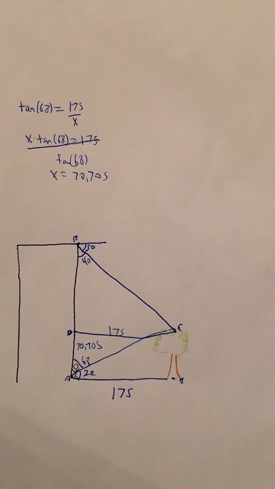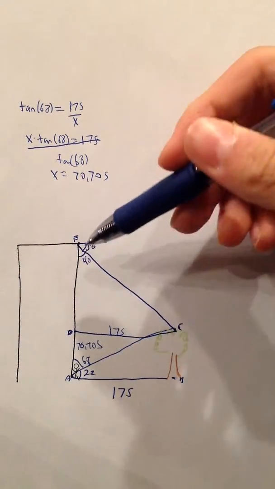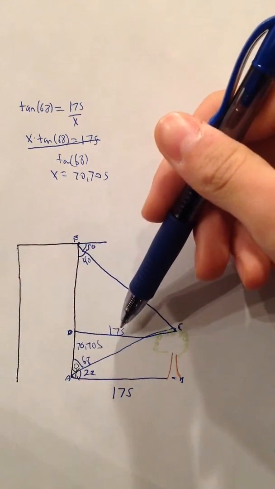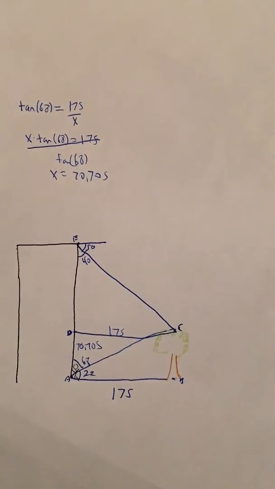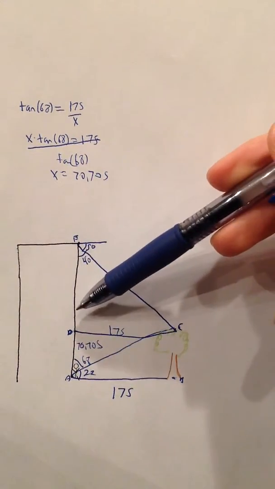And now to find ED. For ED, we have our known angle, 40, and our known side. Again, we're using 175 once more. We're trying to find the side that is adjacent to 40 degrees.